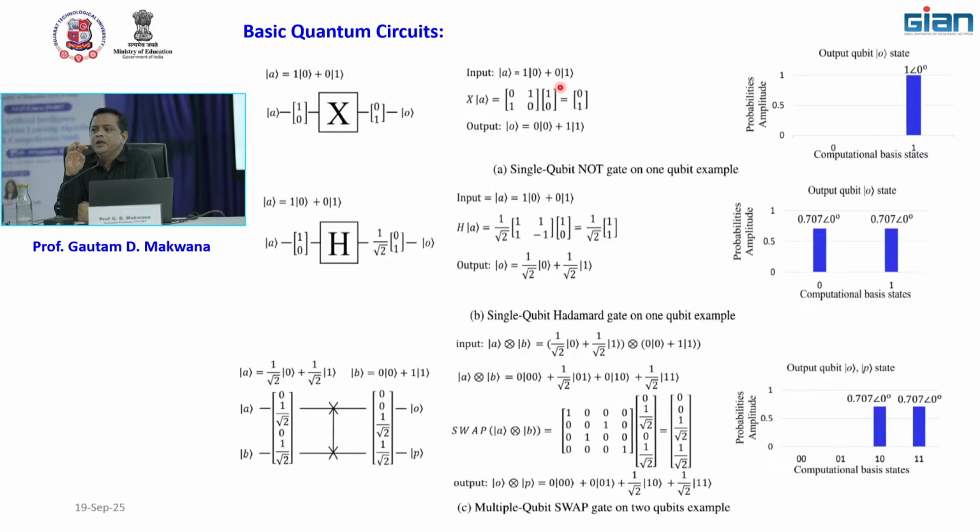But here it is a tensor product in the matrix formation that we have to perform to get the output of the quantum circuit, and that is based on probability, interference, and entanglement. So these are some examples of how basic quantum circuits are created.